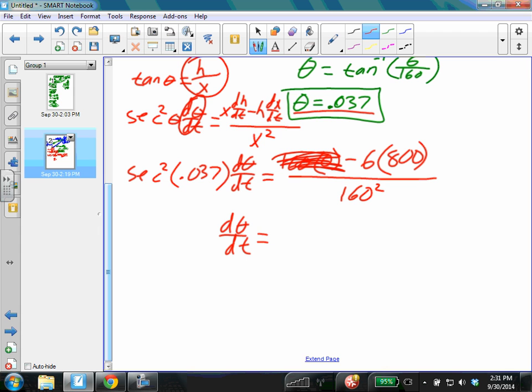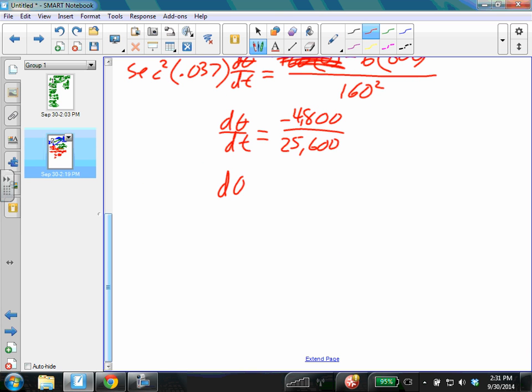And then we have negative 6 times 800, which would be negative 4,800. And then on the bottom, what's 160 squared? Okay, so the change in theta with respect to time is equal to negative 4,800 divided by 25,600.